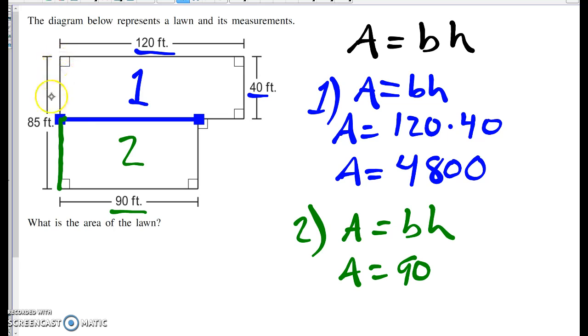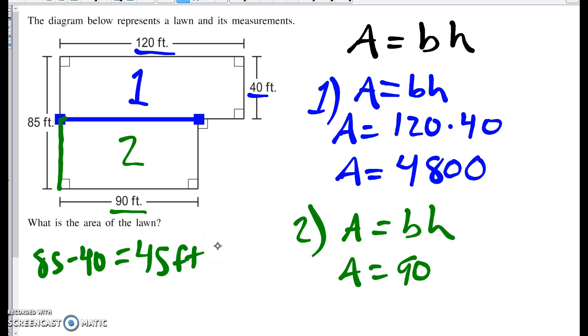We know that the whole length of this left-hand side of the figure is 85. And we can look over on the other side and see that going down to this point is 40. So if the whole thing's 85, and you take away the 40, you're left with just this section that I've colored in green, which is 45 feet.